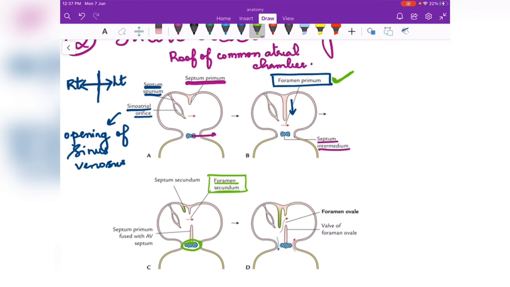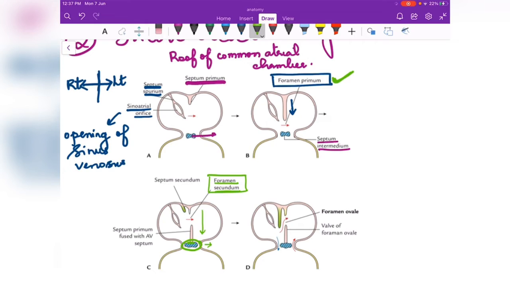So the septum primum grew downwards to fuse with the septum intermedium, and then there will be degeneration in the portion close to the atrial roof, and that space is known as the foramen secundum.